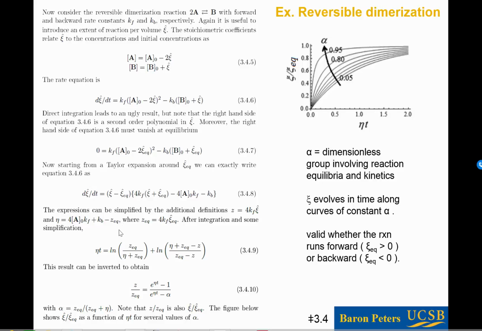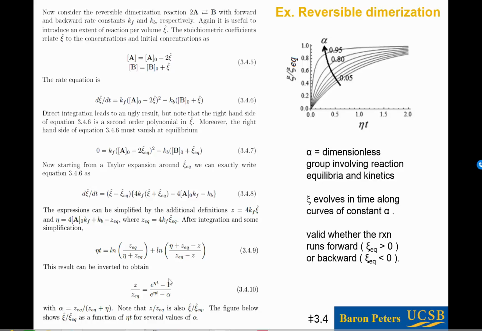And now what we can do is go ahead and simplify these things. When I multiply the eta by t, I find that that's actually a dimensionless time, and I can relate that to the logarithm of quantities that involve these z's and the equilibrium value of z. Now, you can go through and invert this equation to obtain the ratio of z with z at equilibrium, and that gives you e to the eta t minus 1 over e to the eta t minus alpha.